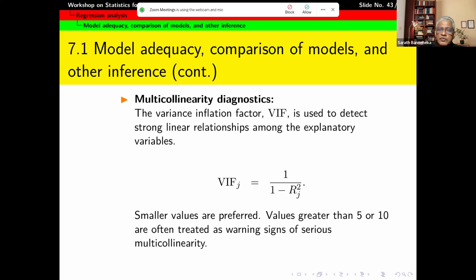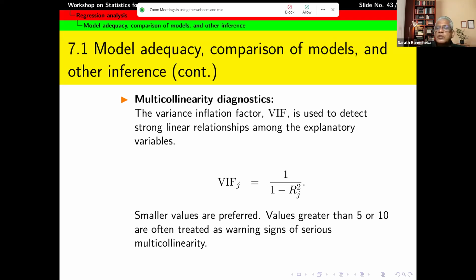That occurs because of some mathematical properties that happen when, for example, X variables are highly correlated, or something called multicollinearity occurs.